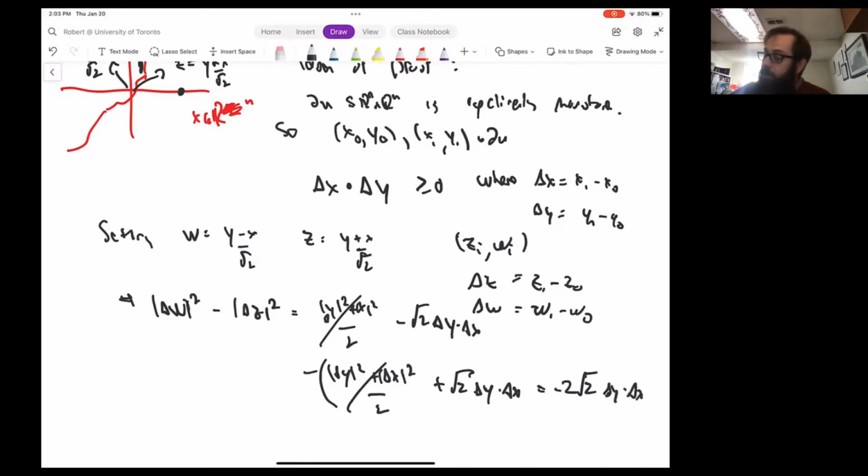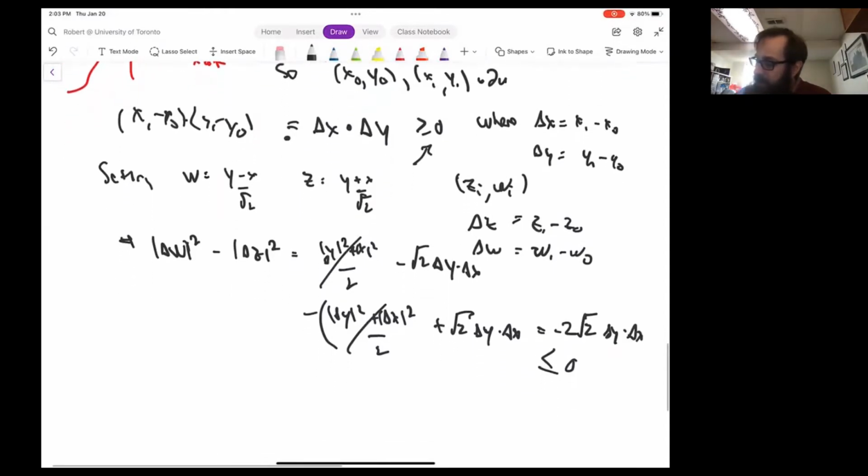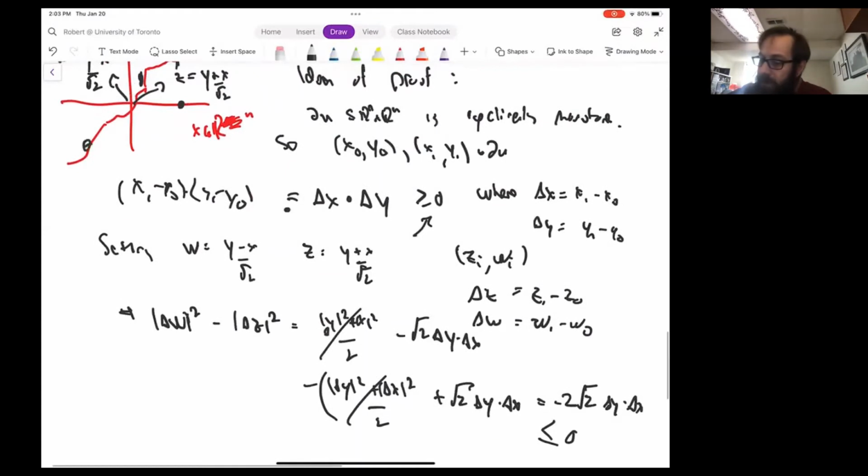But you have to shake this inequality, and you'll see that this turns out to be the 2-point case of cyclical monotonicity. So this turns out to be non-positive, and what that tells me is that when I choose any 2 points on my graph, delta w is less than delta z.